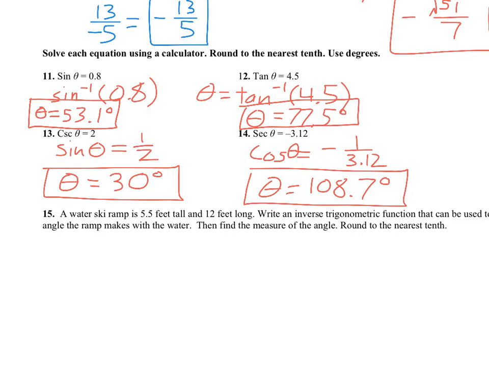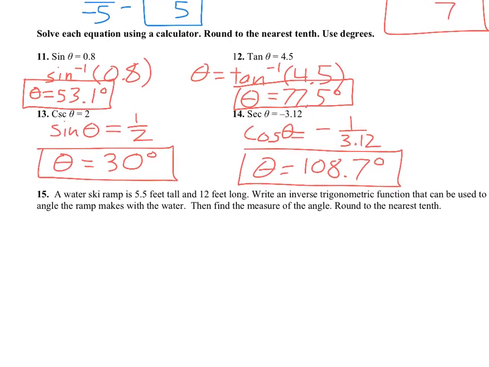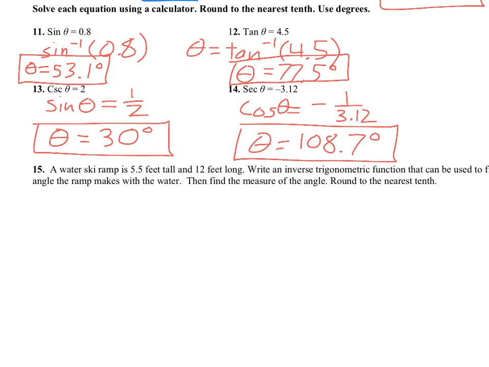Okay, for the last problem we have a ski ramp, which is shaped like a triangle. So here's our ramp. We know it's 5.5 feet tall, and the ramp is 12 feet long. So you might be wondering, how come I didn't put the 12 on the bottom?